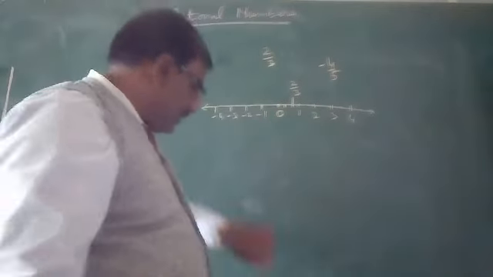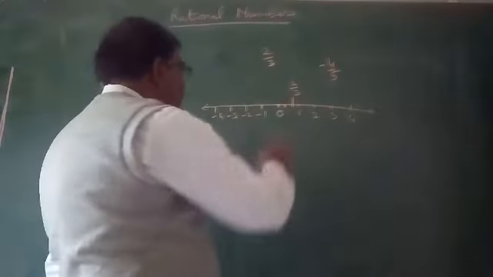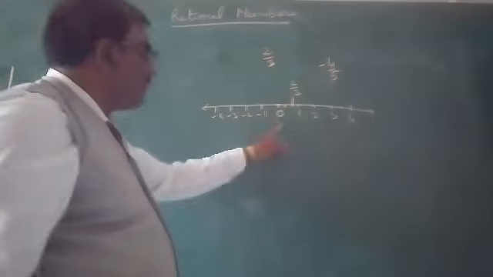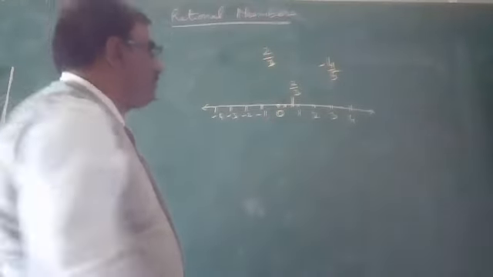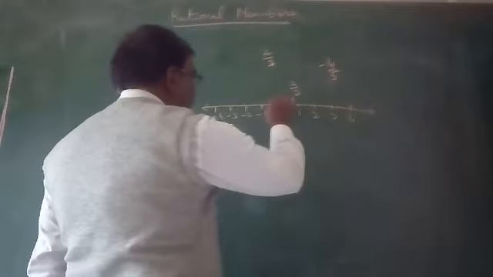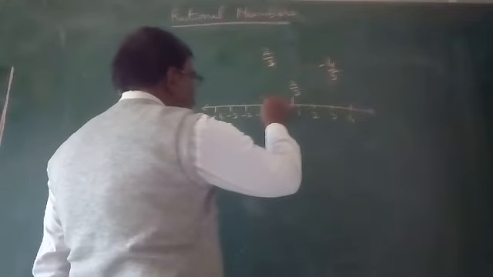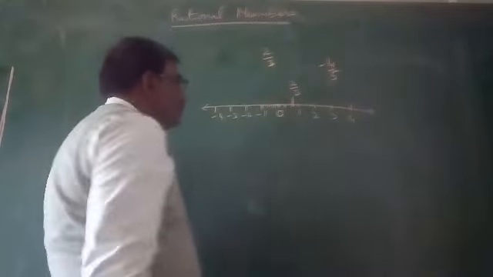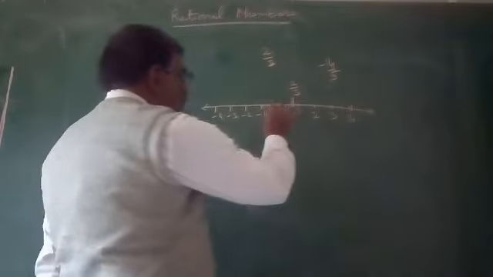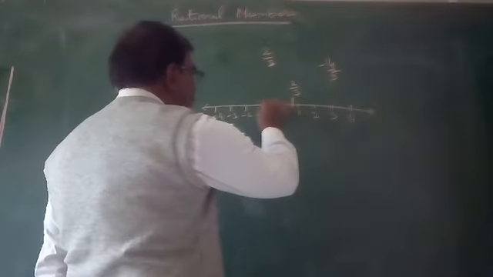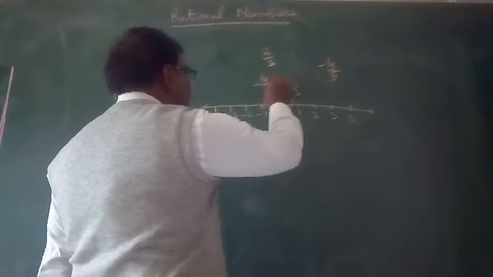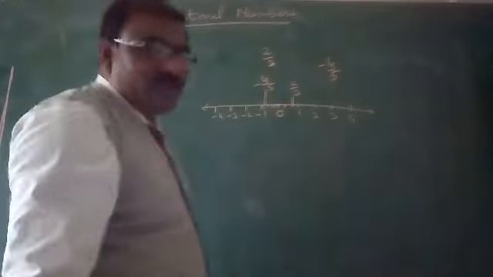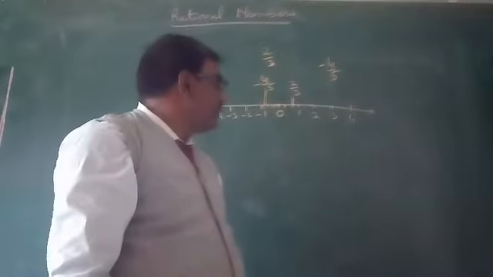To locate this, we divide the space between 0 and -1 into 5 equal parts. 1, 2, 3, 4. Here is 4. Therefore, here will be located -4 by 5.